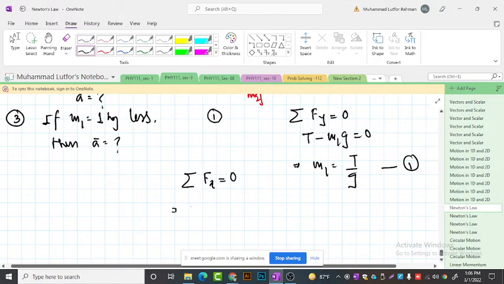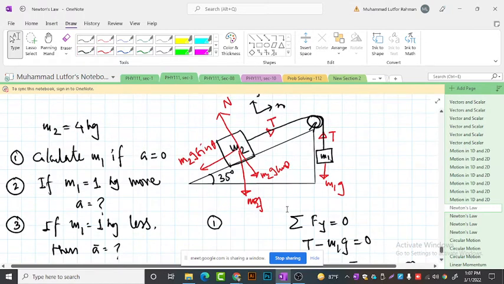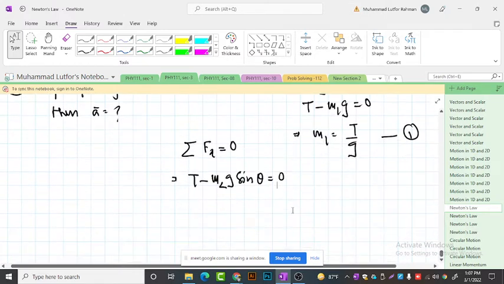Then I should write T minus M2G sin theta must be equal to 0, because T is towards the positive x direction and M2G sin theta towards the negative x direction. Then I will be able to find T would be M2G sin theta.